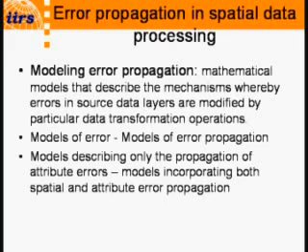So it may lead to a lot of errors when you do any sort of modeling. So models of error propagation you can try, then models describing only the propagation of attribute errors, and models incorporating both spatial and attribute error propagation. You can apply this error propagation to your existing model in order to remove the errors.